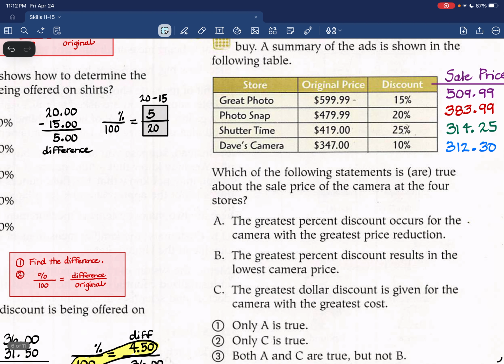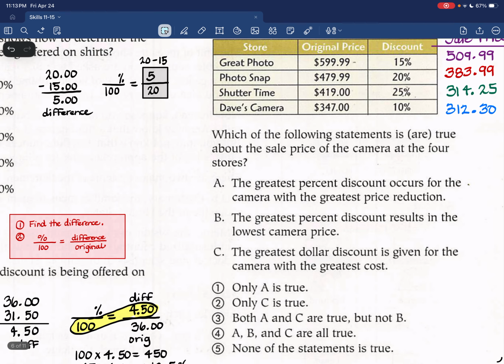Which of the following statements is or are true about the sale price of the camera at the 4 stores? A: The greatest percent discount occurs for the camera with the greatest price reduction. I don't understand that. Let me keep reading.